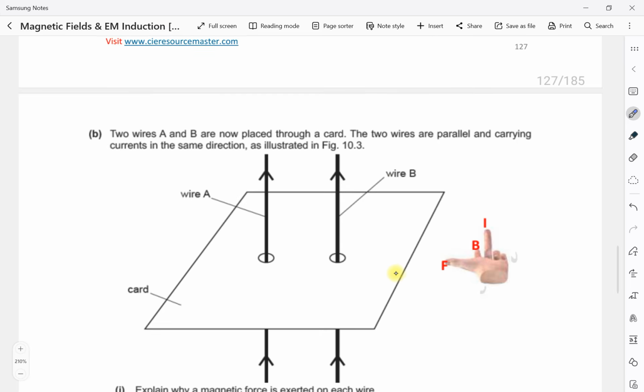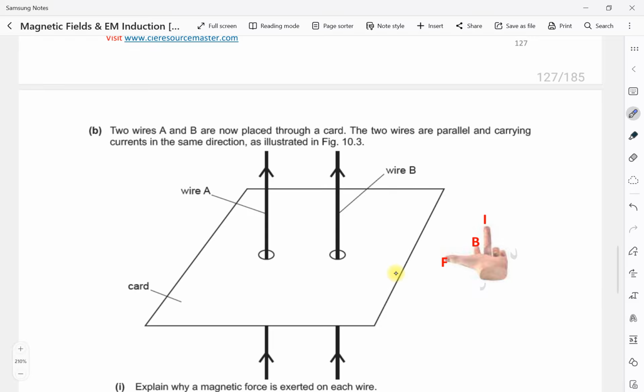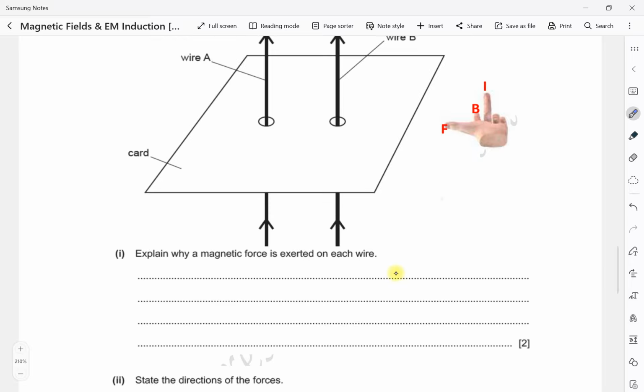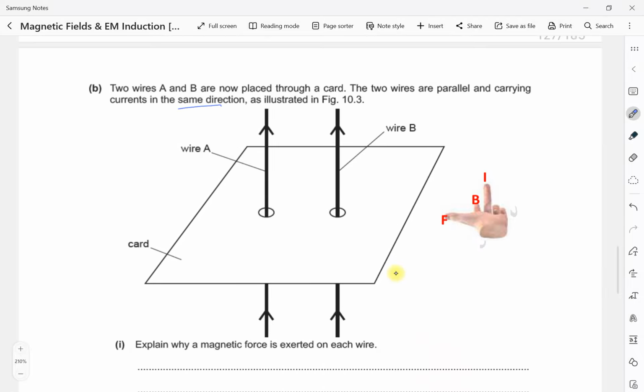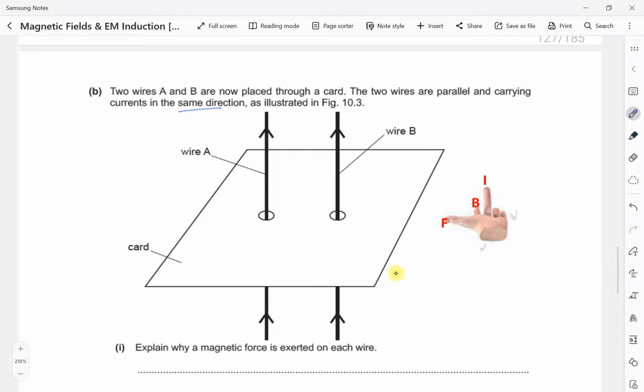Two wires A and B are now placed through a card. The two wires are parallel and carrying currents in the same direction. Explain why a magnetic force is exerted on each wire. Because there is current in each wire, and of course current in a wire creates a magnetic field around it, each wire is therefore sitting in the magnetic field due to the other wire.